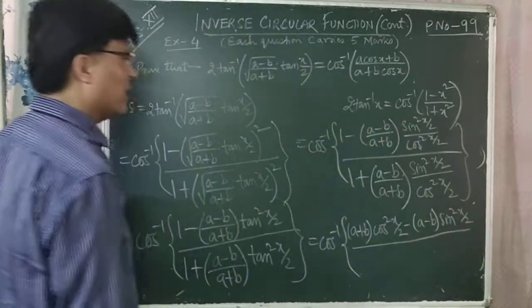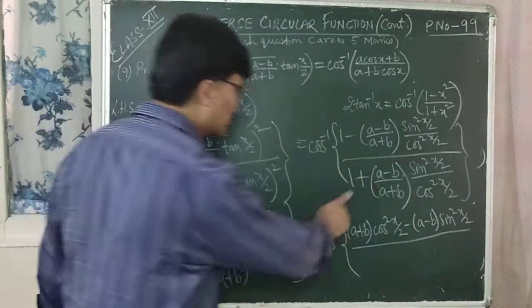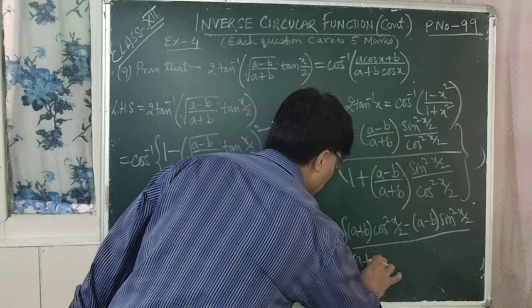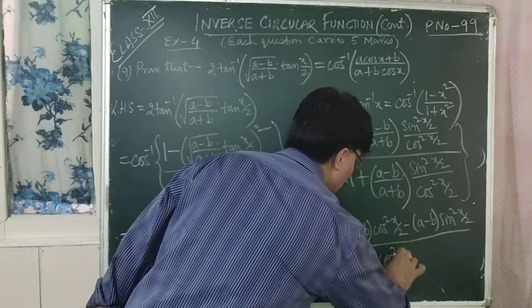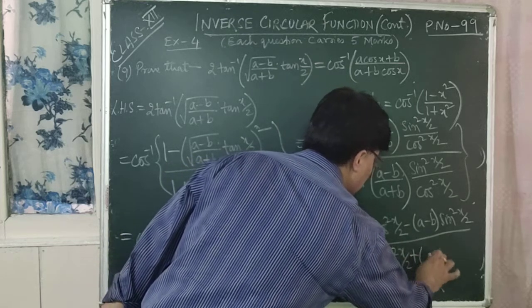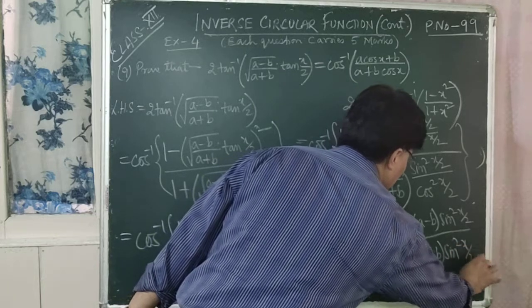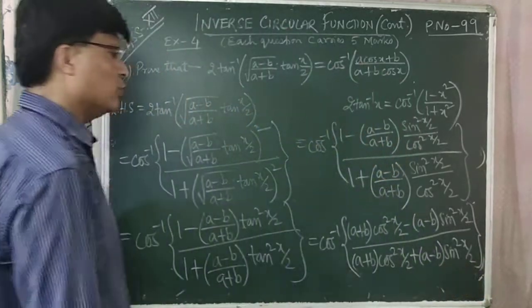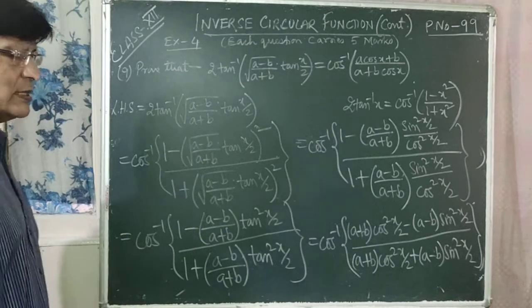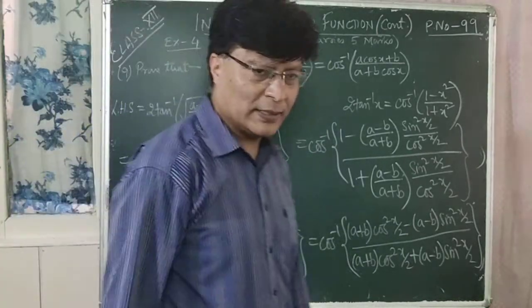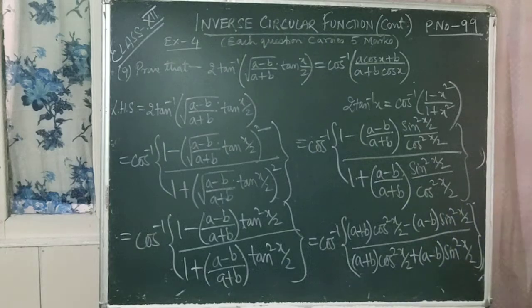This whole divided by, again here, (a plus b) into cos square x by 2 plus (a minus b) into sin square x by 2. So this is the simplified expression. Okay. Now let's simplify it once again.